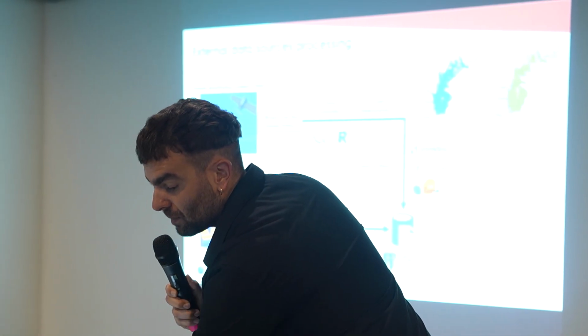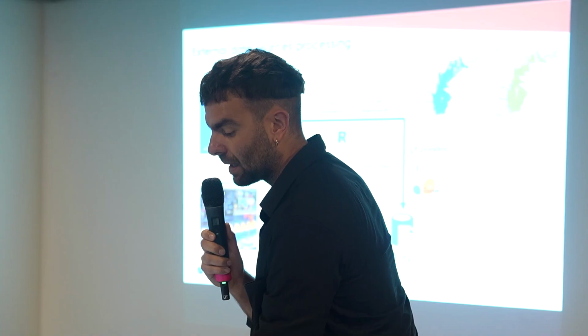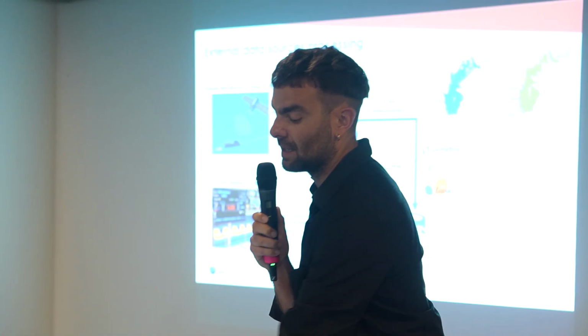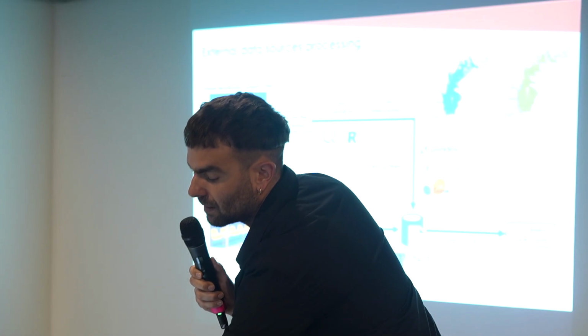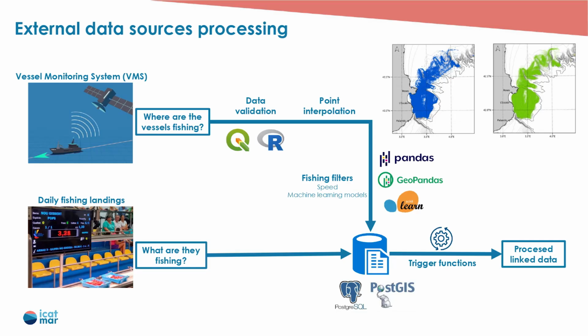Then we do the same with the landings dataset. And once these two datasets are introduced in our database, there are some trigger functions that are activated. These functions mainly mix both datasets.